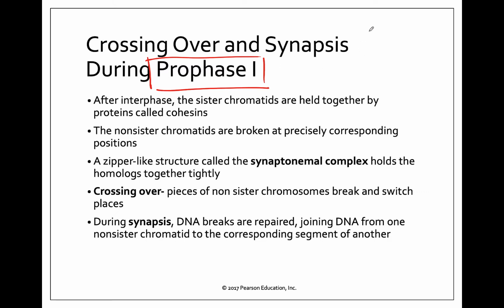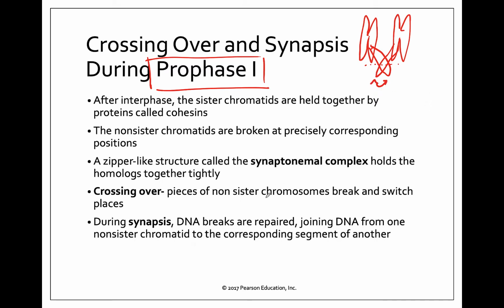And what happens is the chromosome from mom and the chromosome from dad find each other. And the chromosomes are going to cross over. And then a little portion of those is cut off, and they actually switch pieces.